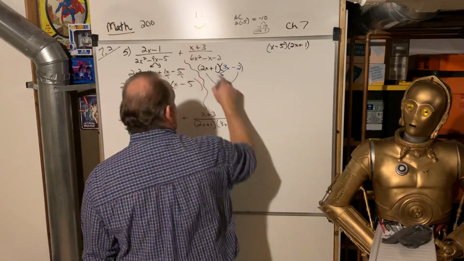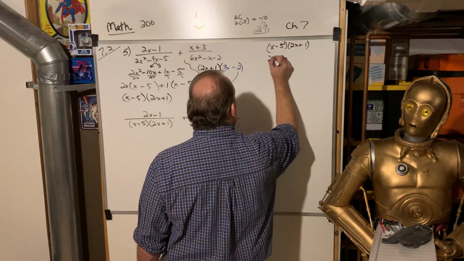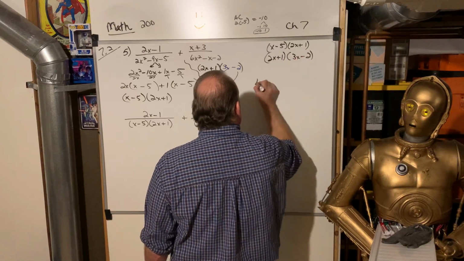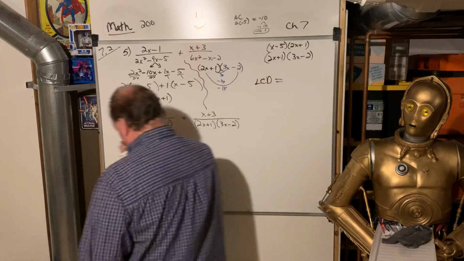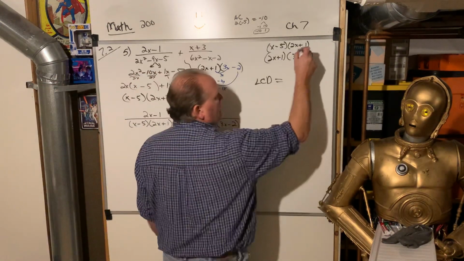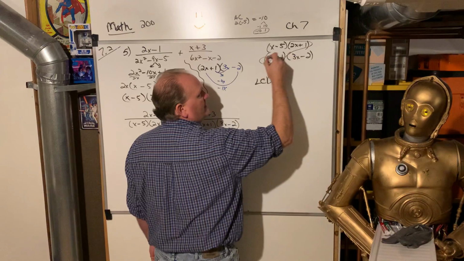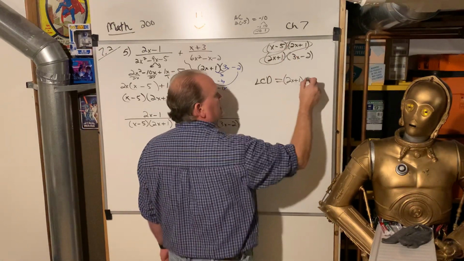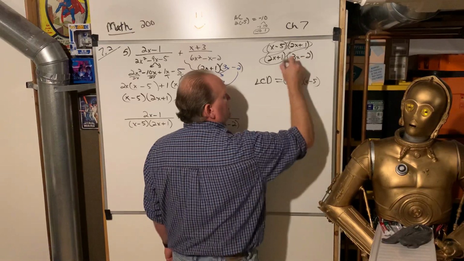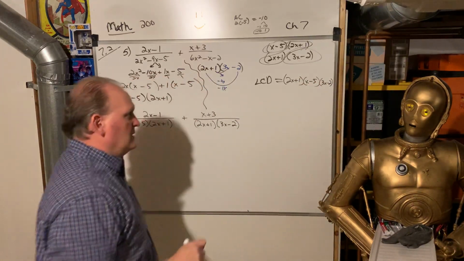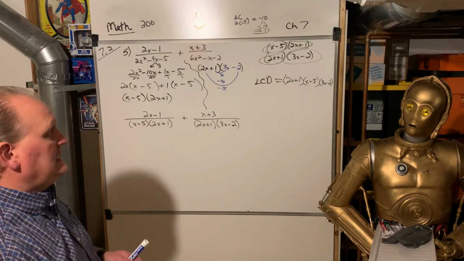On the second one, we have 2x plus 1 and 3x minus 2. And we want the LCD. So to find that LCD, what they have in common, they both have a 2x plus 1. And then the leftovers, x minus 5, 3x minus 2. Okay, so that is my LCD.